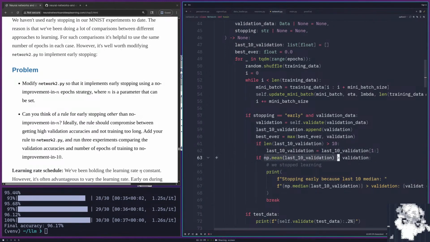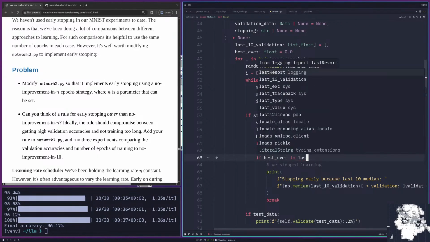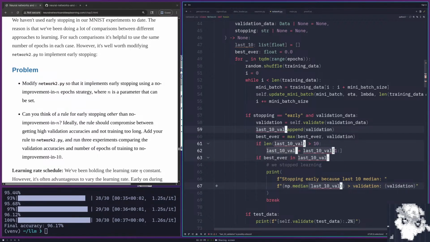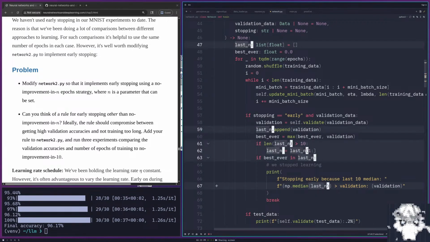So don't look at the mean, just check if best ever is in last 10. Let's just call it last 10. We don't need to keep repeating validation. And if we want to solve the problem correctly, the thing the problem says, it needs to be last n.